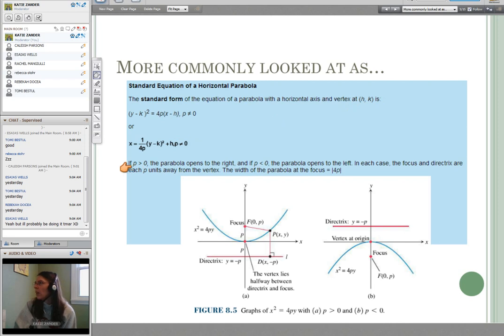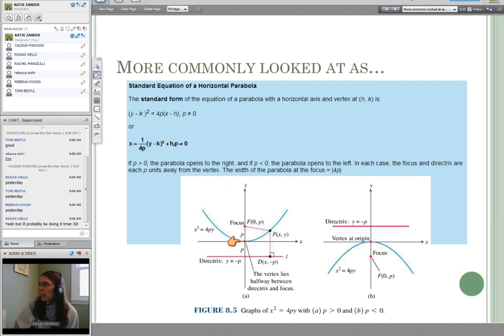P though, P is representing that distance from the focus to your vertex or the directrix to your vertex. Right? So P cannot be 0. If it is, that means that your directrix is on your vertex, and the focus would be on the vertex, and that can't happen.